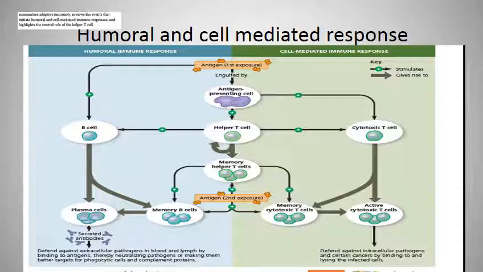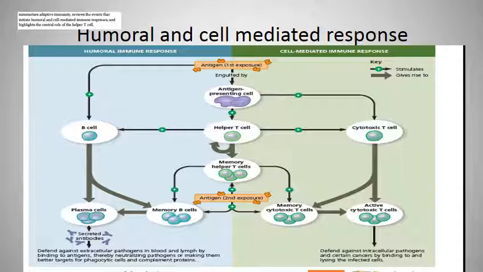Now what happens here: the B cell proliferates and forms a clone of plasma cells, which are the effector cells, and they secrete the antibodies into the blood and lymph, which can destroy or inactivate the pathogen. The activated cytotoxic T cells kill the cells which are infected by the pathogen.